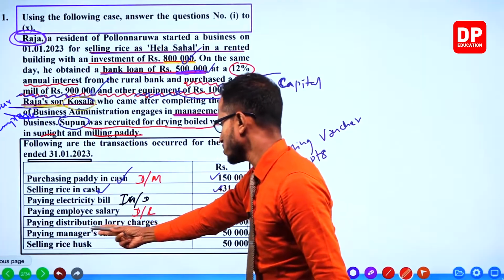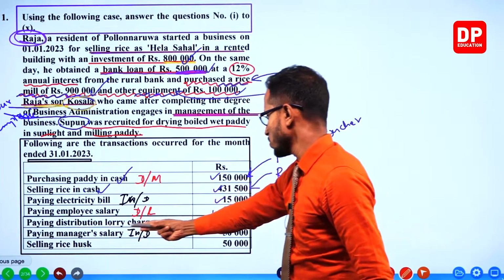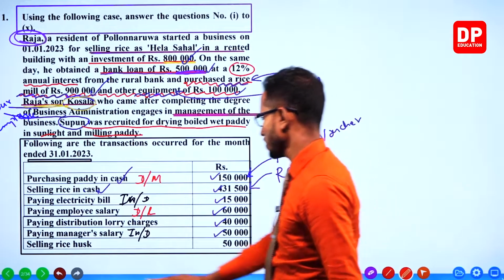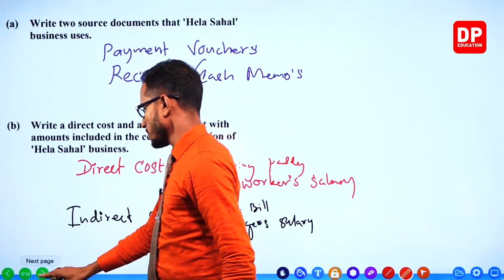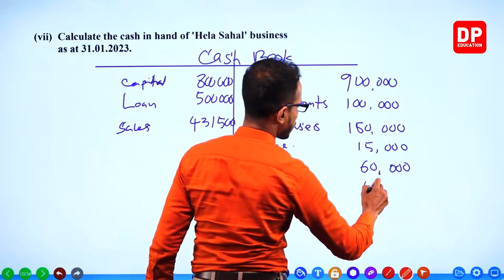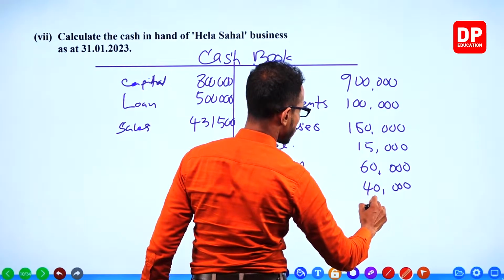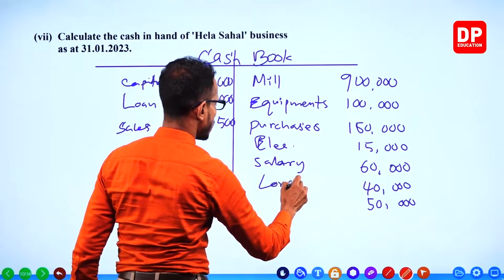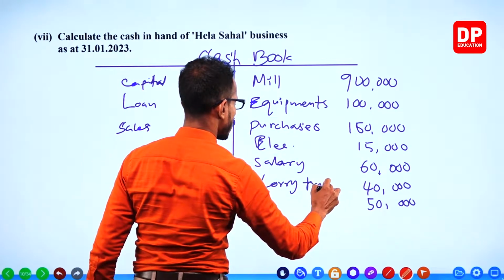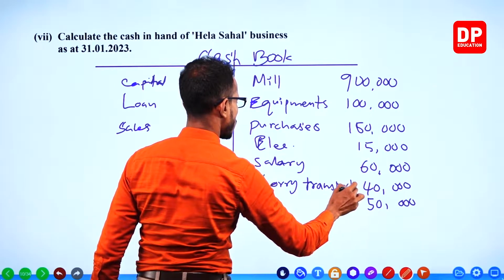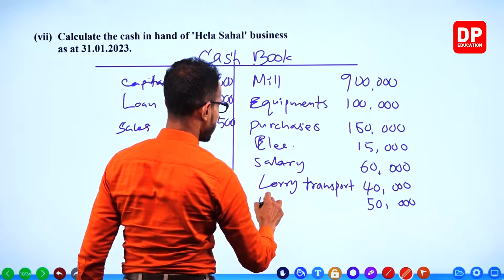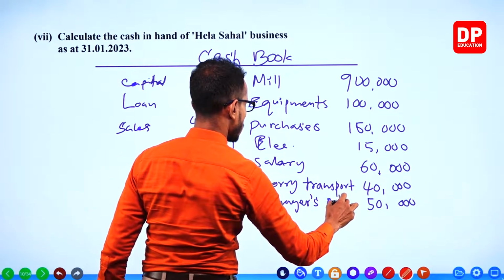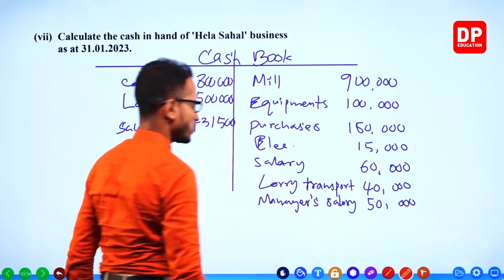We took paying distribution lorry charges 40, manager's salary 50. Lorry transport 40, manager's salary 50.